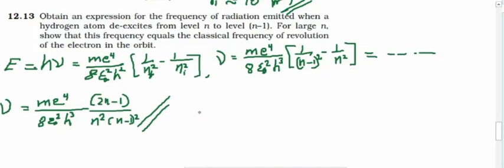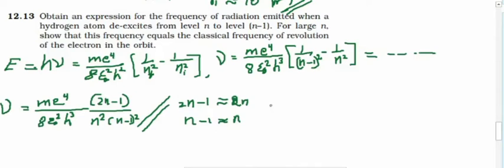Now come to the second part of the question. For large n, show that this frequency equals the classical frequency of revolution of the electron in the orbit. First of all, you are asked to take n very big. If the value of n is very big, then 2n minus 1 can be approximated to 2n, and n minus 1 can also be approximated to n.